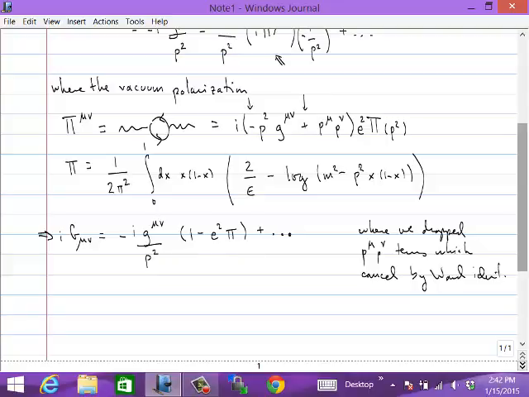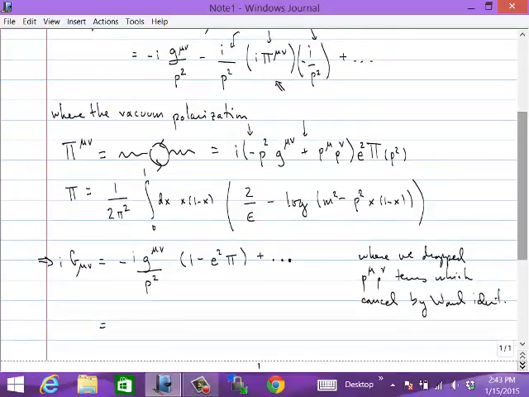Okay. Good. Oh, one other comment that I should make is that one can also rewrite this. Here I've just included the term proportional to e squared, the one loop correction. But of course, as with last time, you could also add the tree level plus the one loop 1 pi piece plus the 2 pi piece, and so on and so forth, where each one of these is a pi.